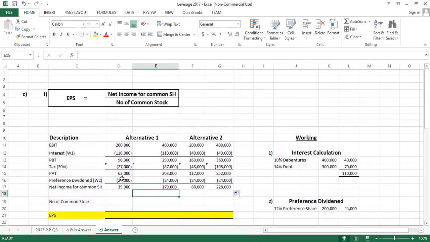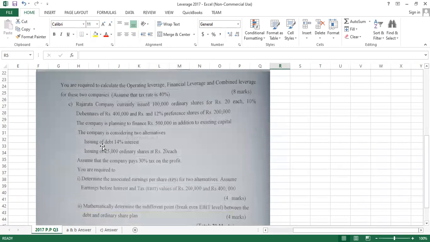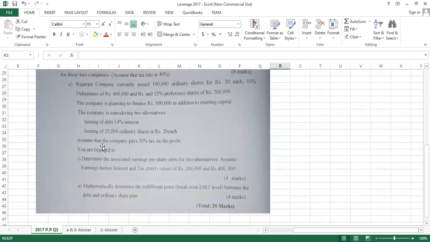Then we want to calculate the number of common stock for alternative 1 and alternative 2. In this question, the company currently has issued 100,000 ordinary shares, and two alternatives are given. The first alternative is the debt alternative, so we can't add to the number of common stock.